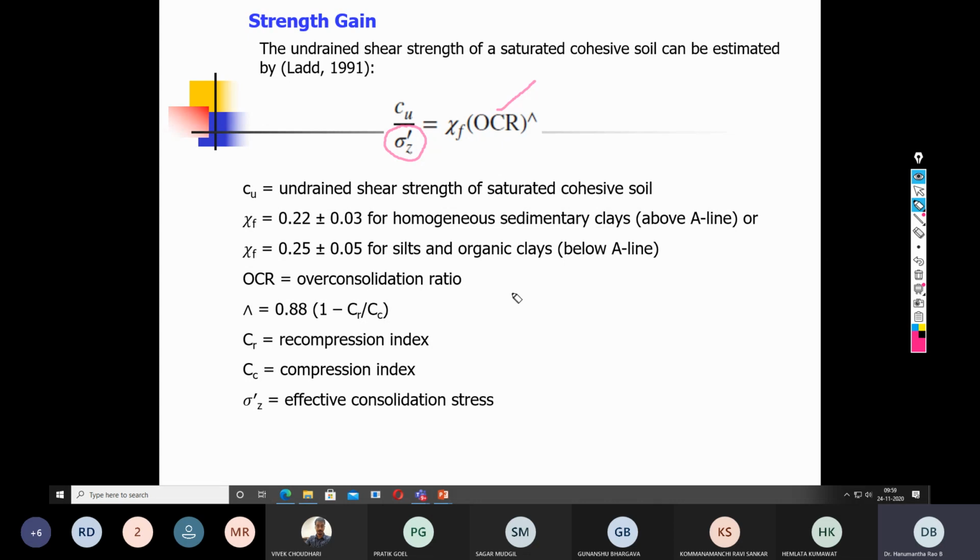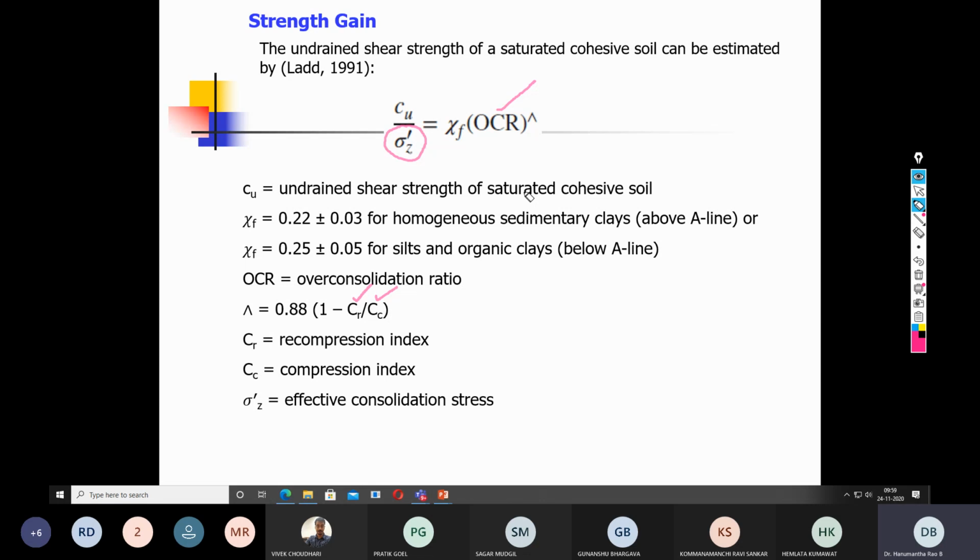From the consolidation theory, if you draw the void ratio versus the applied load, then based on the slope we will get the values of CC and CR, the compression index and the recompression index, the rebound.